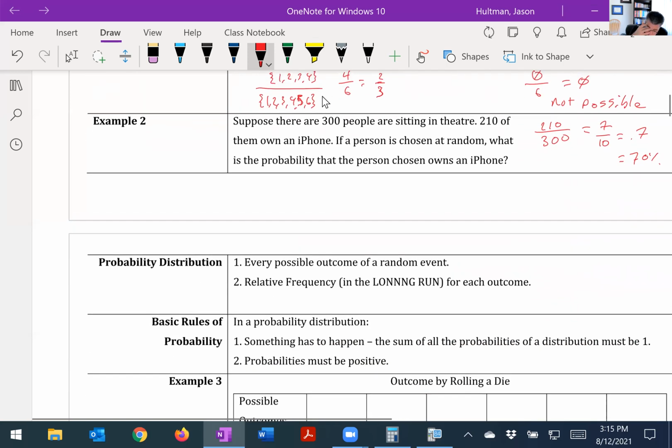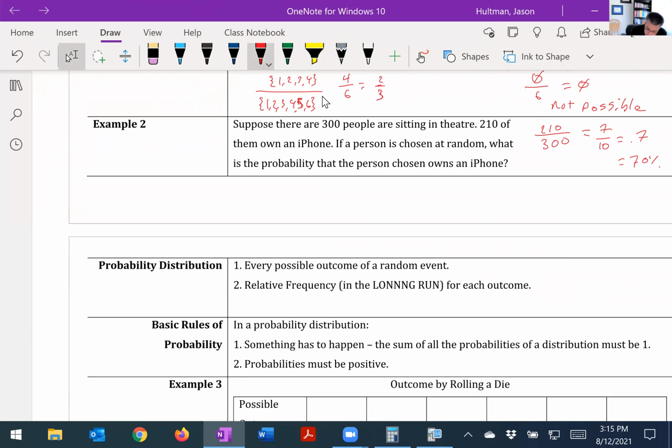Okay, probability distribution. A probability distribution is every possible outcome of a random event and the relative frequency in the long run for each outcome. Whenever it says relative frequency, think percentage, percentage in the long run. So if you flipped a coin, what would be your long run probability?